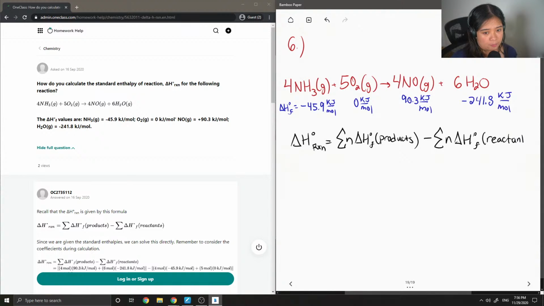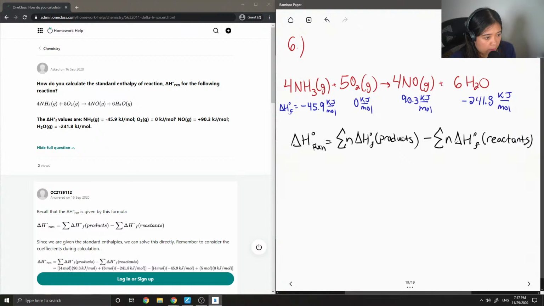So notice that I put n in front of all the delta H values. So this shows us that the number of moles actually has an impact on what our final answer will be.